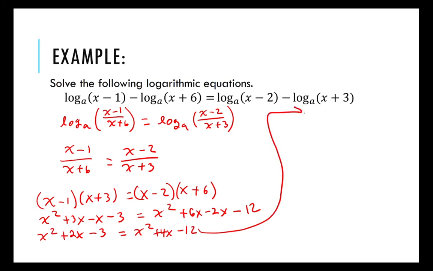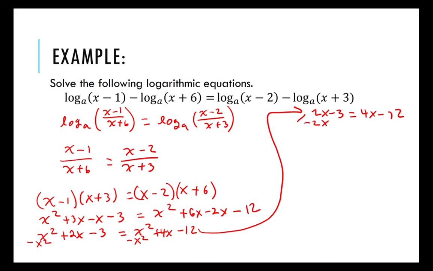Then you want to get everything on one side because I do see that this is a quadratic. But notice if I start by subtracting x squared, well then what happens? Well, the x squareds cancel out and I'm left with 2x minus 3 is equal to 4x minus 12. So now we just have a linear equation.